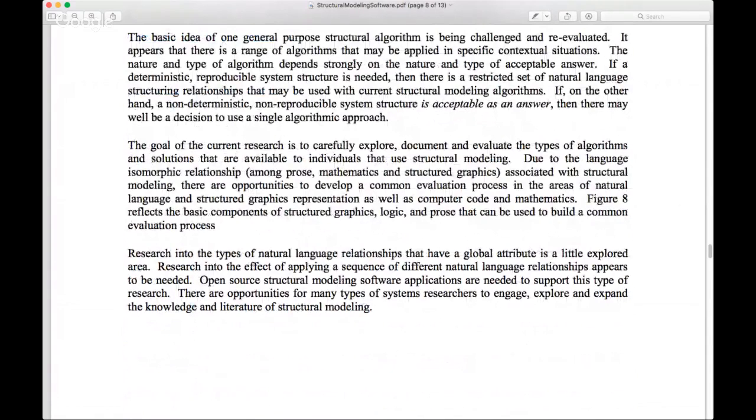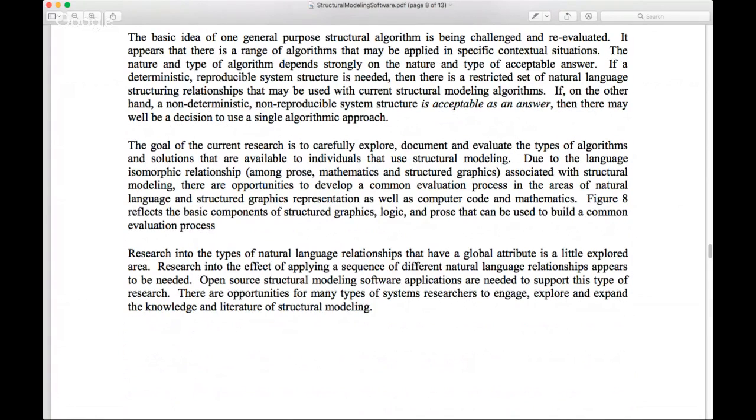And so I really think a key area is starting to open up here, an area where the non-computer, non-software folks can really make a contribution. That's the idea of looking at these different natural language relationships that have a global attribute or a local attribute, or are there others?